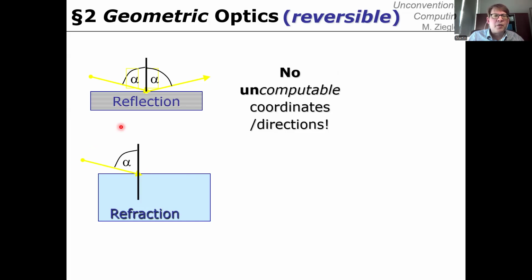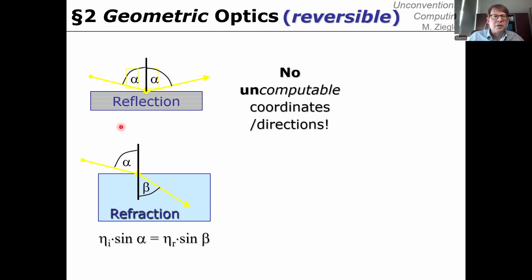So when the incoming light ray comes in from air or vacuum at angle alpha, then inside the medium it proceeds at a different angle, beta, and the relation between alpha and beta is given, remember optics, by Snell's law.